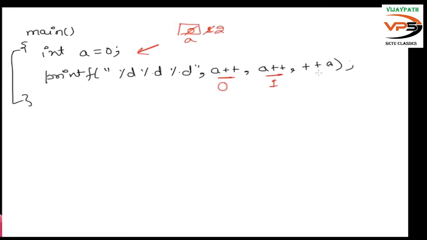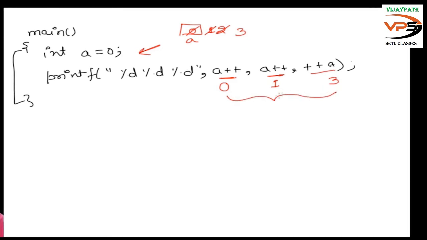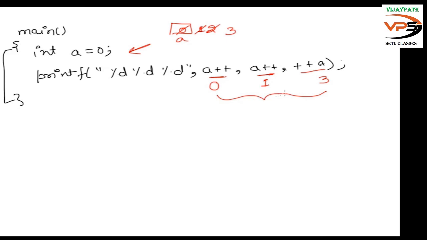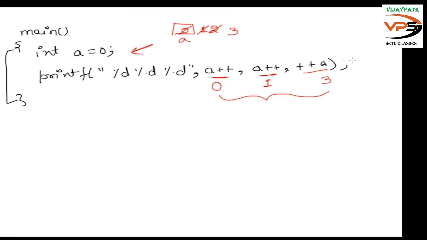In the last statement, first it will increment the value of a, making it 3, and print 3. But this output is not guaranteed if you execute this program, because of this undefined behavior.